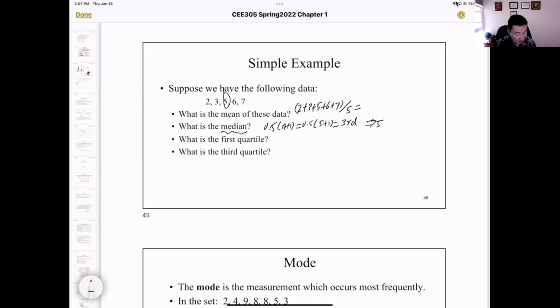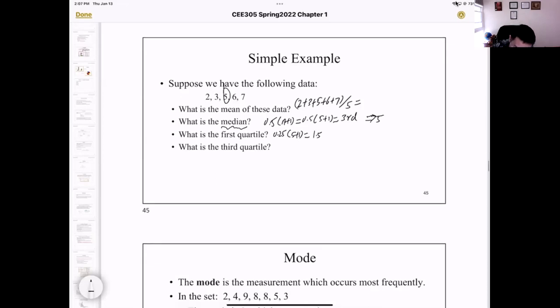For the first quartile we use 0.25 times n plus 1, which is 5 plus 1. So we get 1.5. 1.5 is not an integer, so we need to get the average of both sides, the first item and the second item, divided by 2.